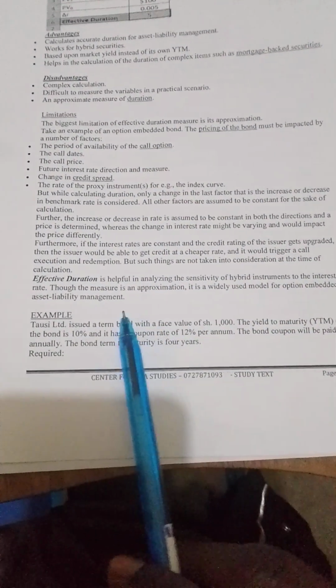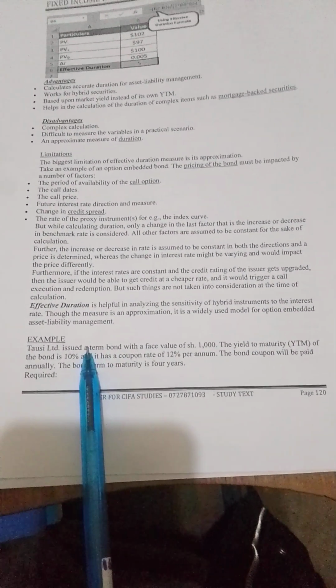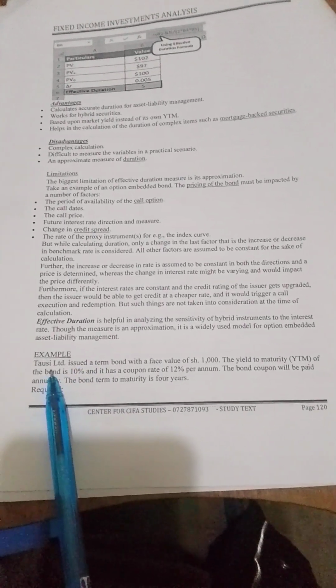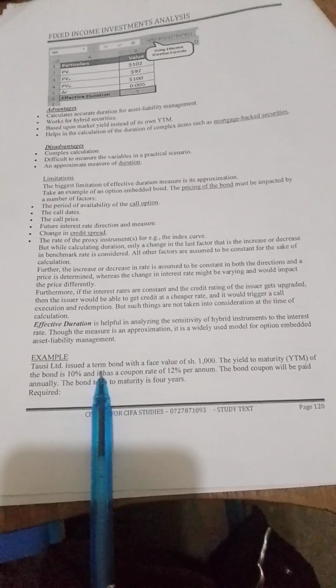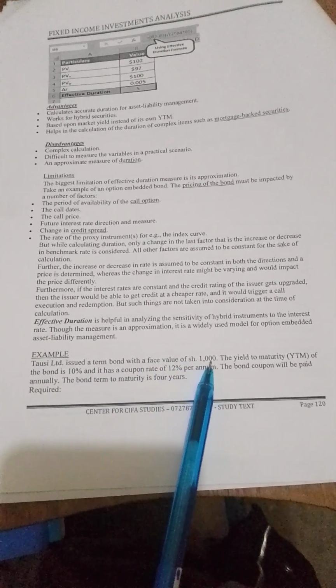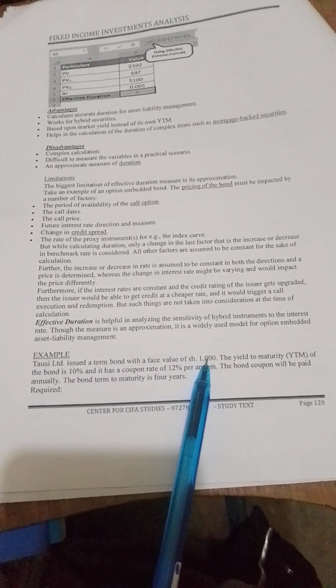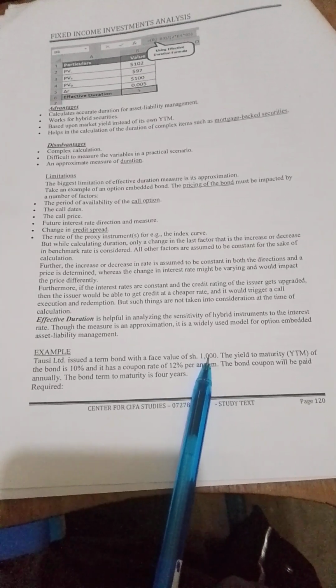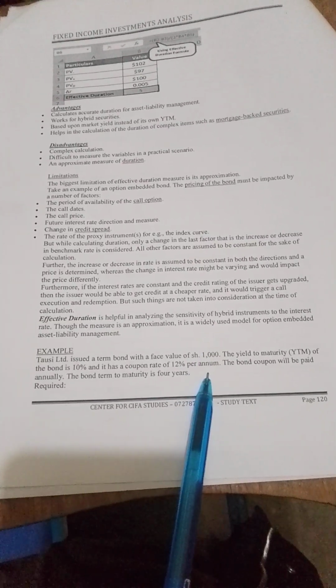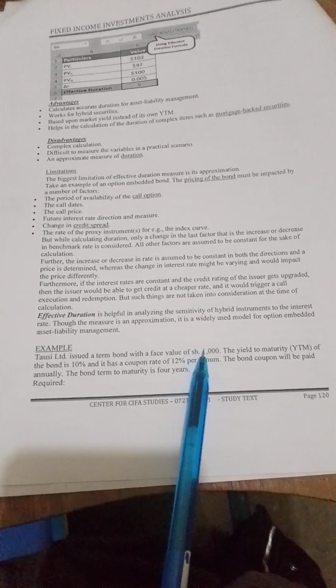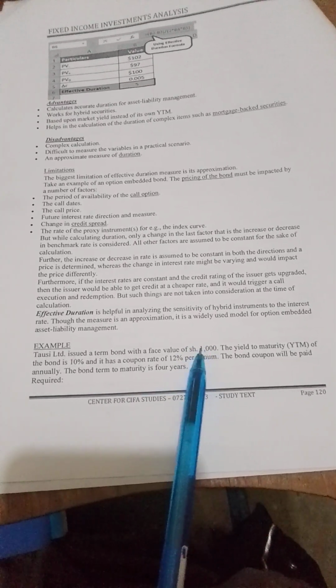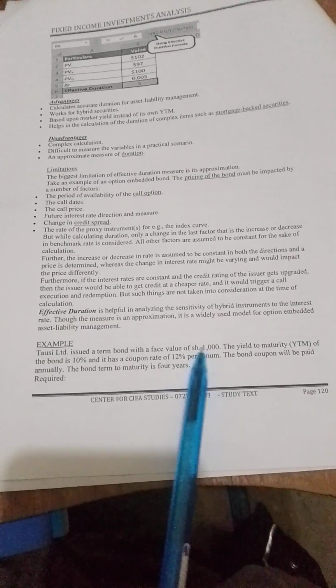There is a good question here for you, but we can do it together. Tausi Limited issued a term bond with a face value of shillings 1,000. I've told you the face value is the same as par value or nominal value. If you want to calculate the interest, you just take the coupon rate times the face value.